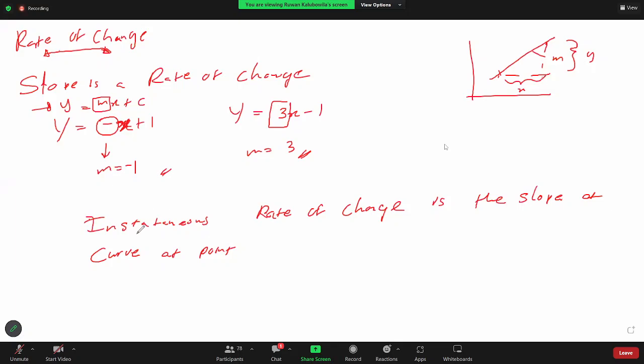If someone asks instantaneous, they mean the rate of change at a point. So what you have to do again is use the limits, bring the next adjacent point very, very near to the first point, and find the instantaneous slope. That slope is the instantaneous rate of change.